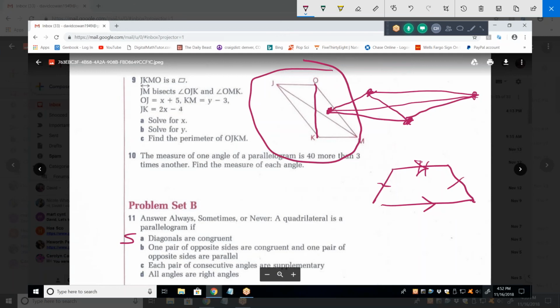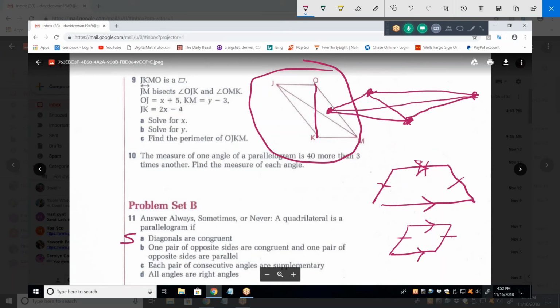So what is it? Is it always, sometimes, or never? Because I certainly can draw that where those are parallel and the other is congruent. It also happens to be parallel, but it doesn't have to be.